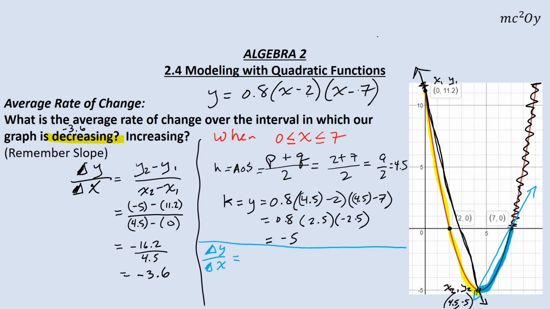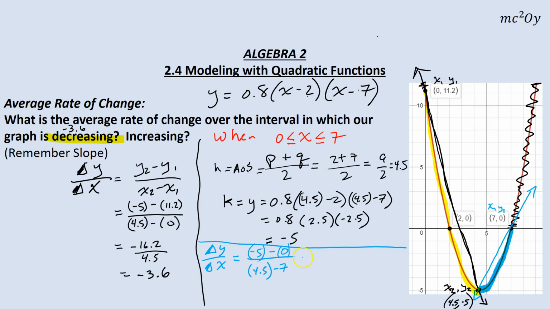All right, and so really delta y over delta x, let's go through this a little faster here. We're going to have y2 minus y1, or negative 5, and this is x1, y1 this time, minus 0, over 4.5 minus 7.